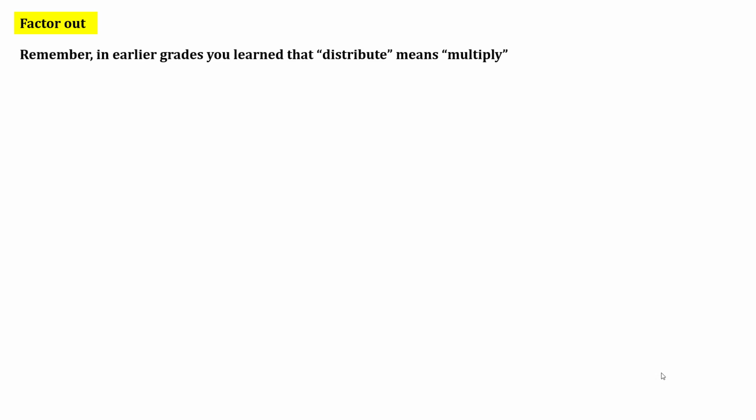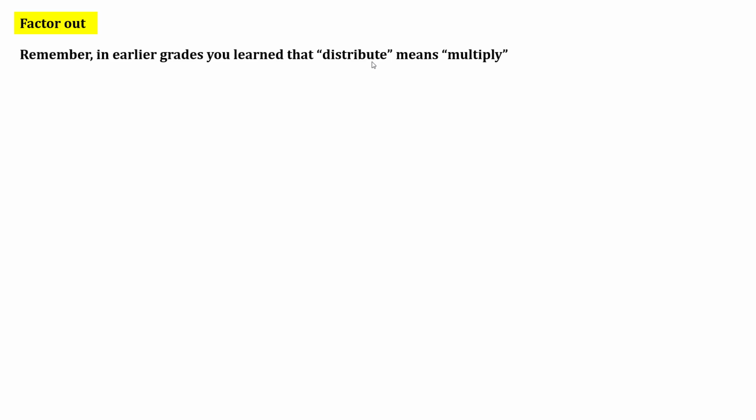So we need to understand what it is, otherwise it's going to be a handicap. It's like trying to do arithmetic without knowing what add two numbers means. Factor out is just a command, a mathematical verb, and I'm going to explain what it means. It's used a lot. All right, before I do that, I'm going to remind you of when you learned a new mathematical operation or term in earlier grades.